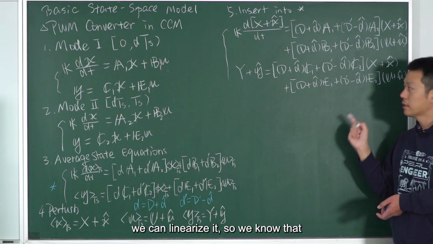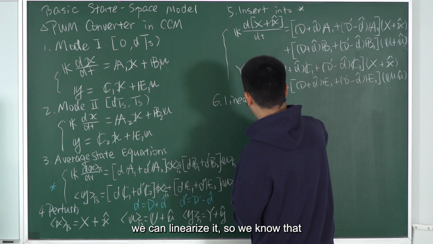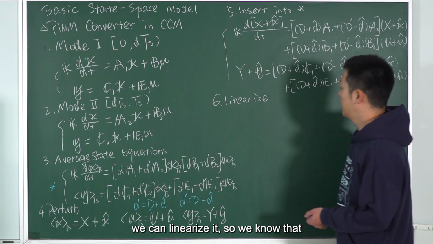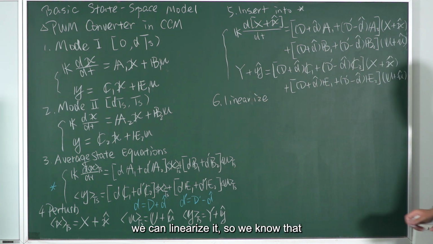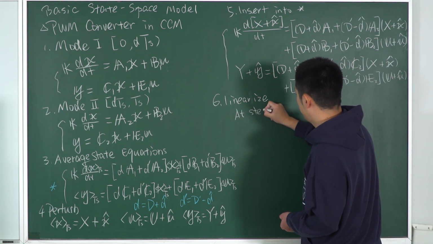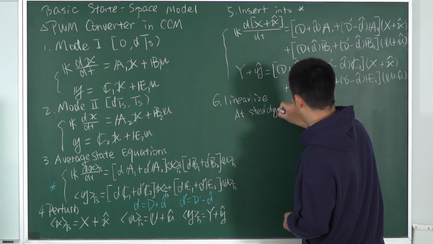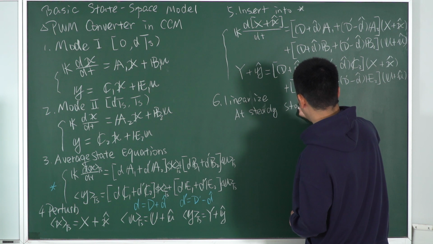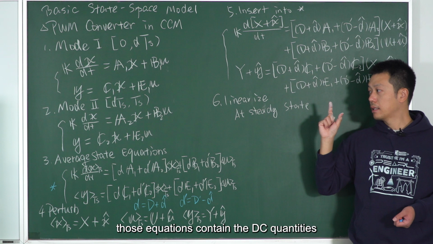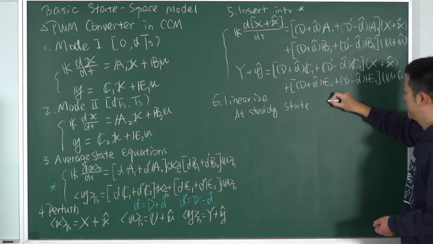We can linearize it. So we know that at steady state, those equations contain the DC quantities. So the DC terms on both sides cancel with each other.